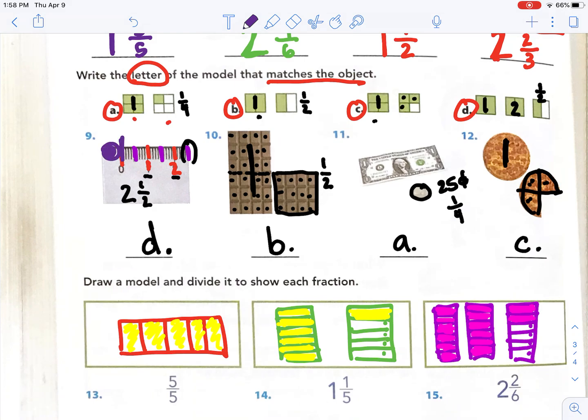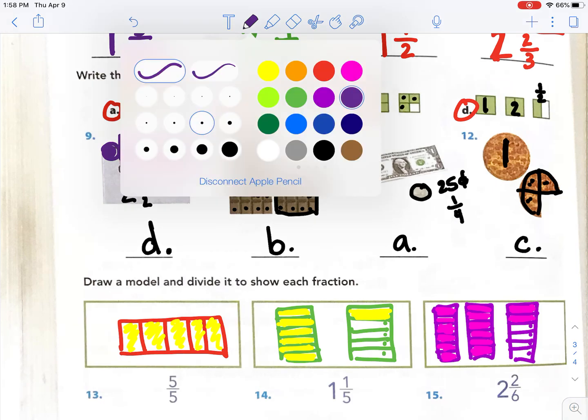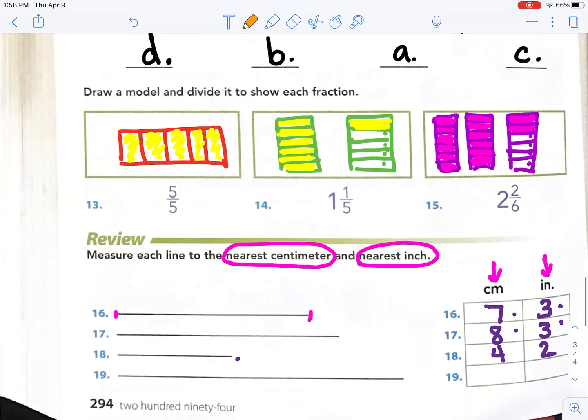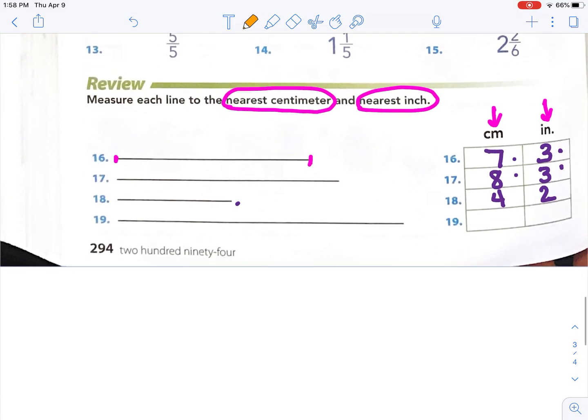Most rulers have this space on the end, right? Start your measuring, put your line, use a different color. Start your line. If you're measuring a line, start it at the 0. Do not start it at the end of the ruler, okay? Because this is where the measuring starts. So if you want to go back and remeasure those, maybe that's why you missed it.